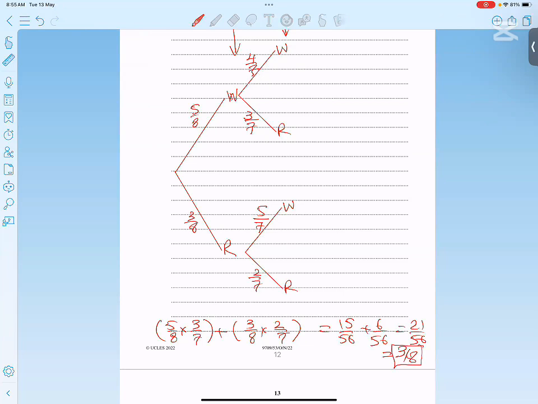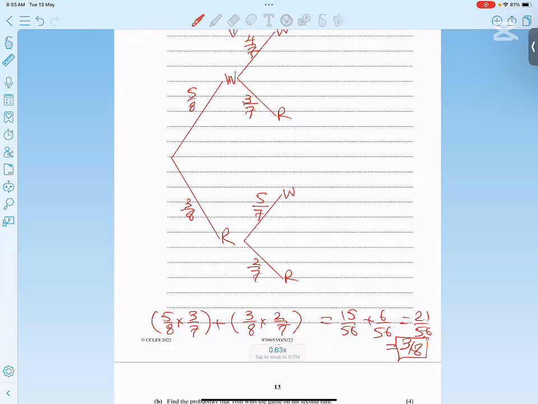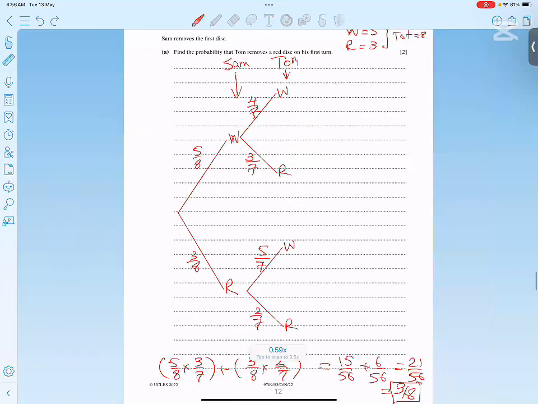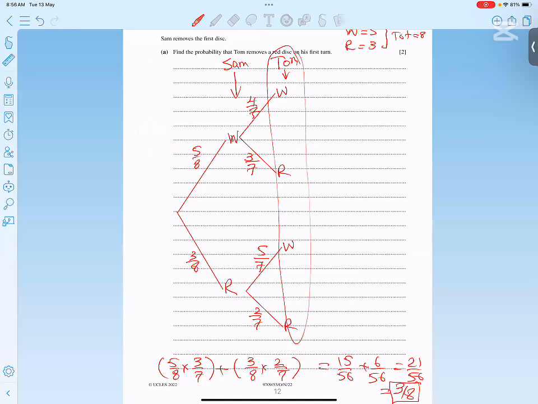Now let's talk about the next part, and the next part depends upon this diagram. So let's see how we can answer. The next part is he's asking the probability Tom wins the game on his second turn. So Tom wins the game. It means this is Tom's first turn. Let's talk about the second. Before Tom, Sam will try once again, so I'm going to make it for Sam.